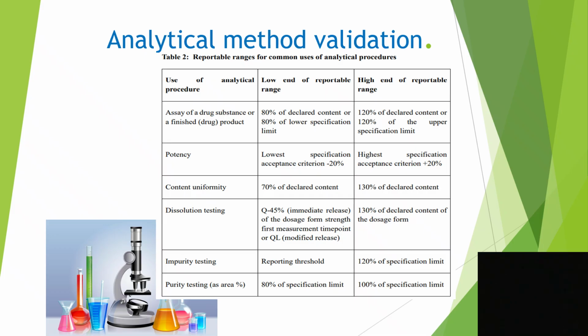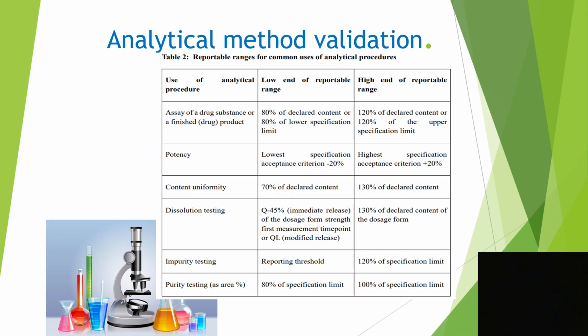Same in potency. Suppose we want to say that potency is to be plus or minus 20%. So minus will be the lower range and plus will be the higher range. Content uniformity is like 70% of declared content, that is the lower range, and 130% of declared content is the higher range.